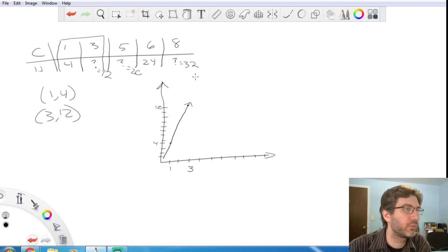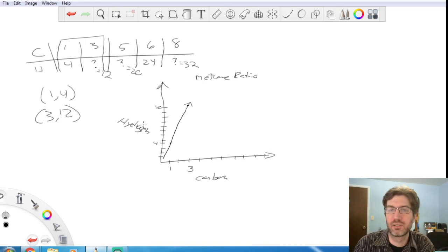There's your graph. We have methane's ratio. This here is carbon. This here is hydrogen. This is number 4. You just need to pick 2 points out of all the points in your table.